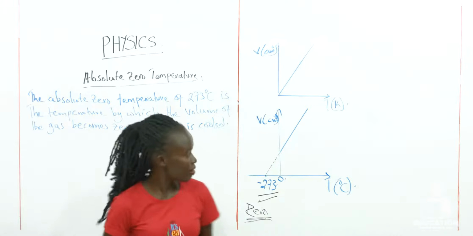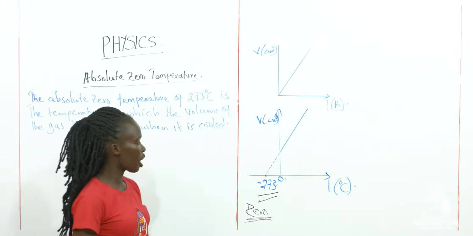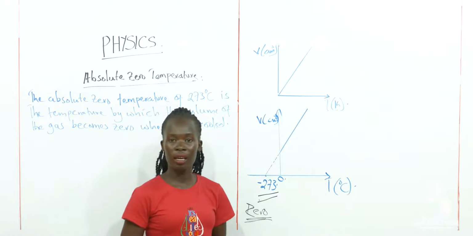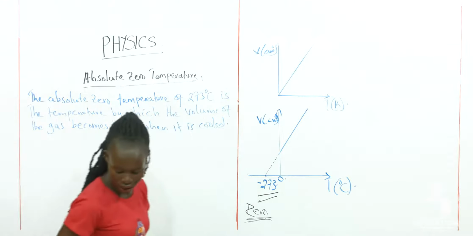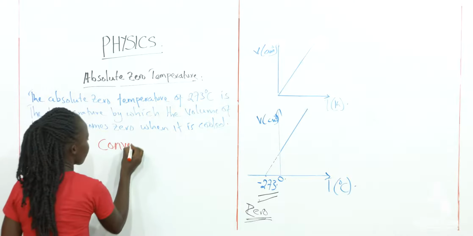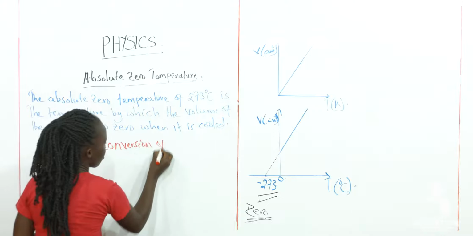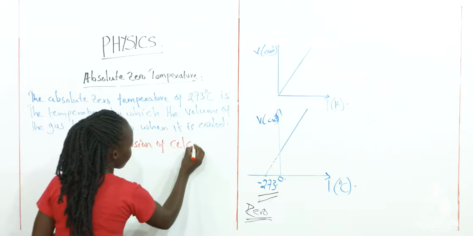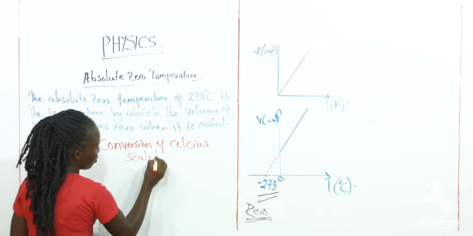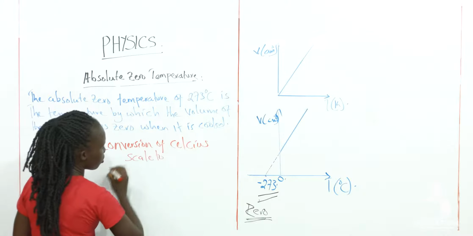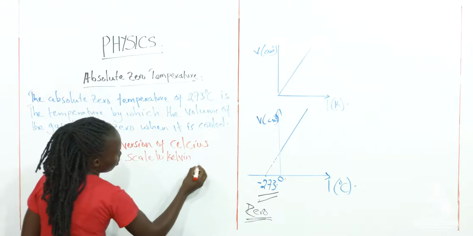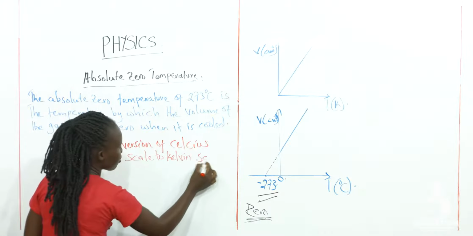So let us see, if we have a temperature on the Celsius scale, how can we convert it to the Kelvin scale? Let us look at the conversion of the Celsius scale to the Kelvin scale.